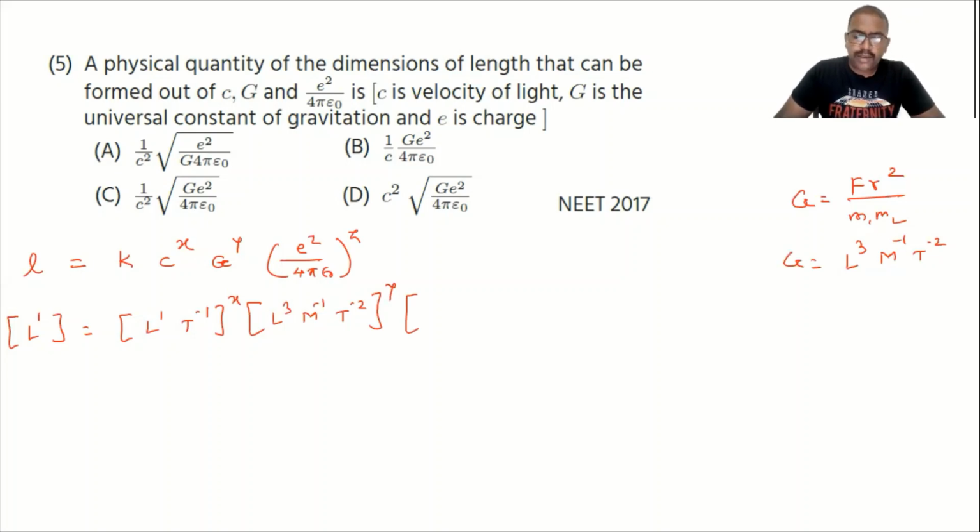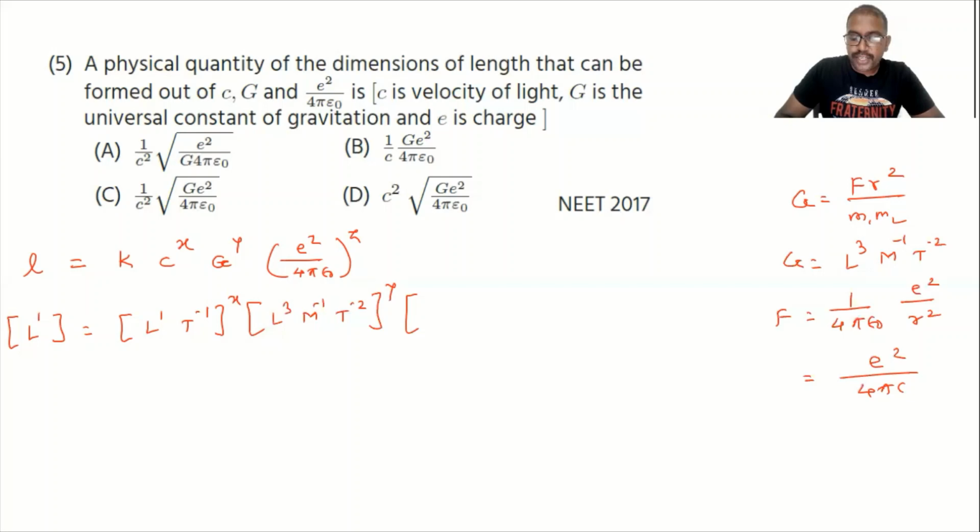We know that Coulomb's law, F is equal to 1 upon 4 pi epsilon 0 into charge 1, charge 2. So I can write e into e. First charge is e, second charge is e, then e square we get, divided by r square. Now by using this formula, e square divided by 4 pi epsilon 0, I can write F multiplied by r square.